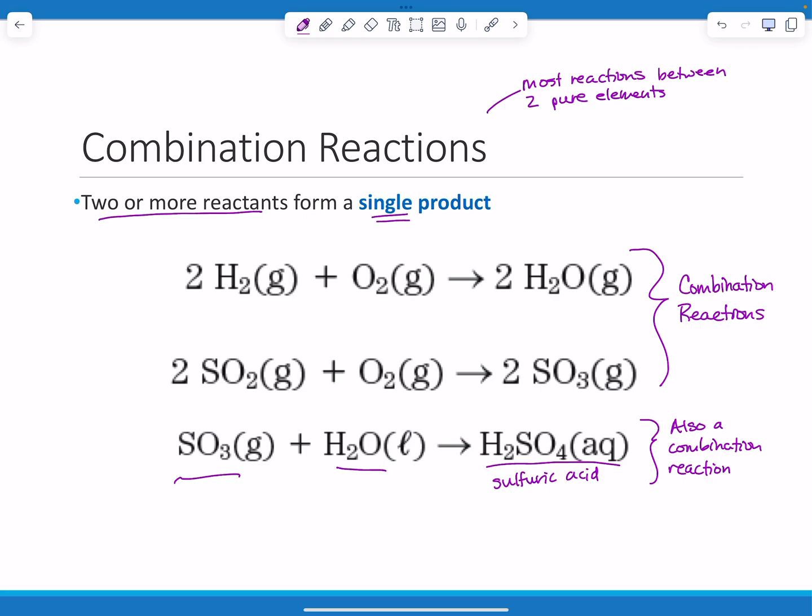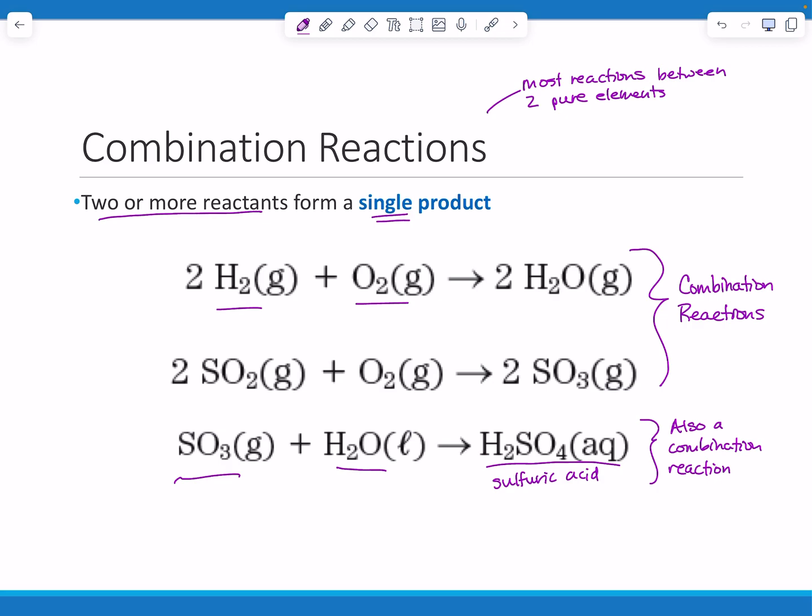Despite the fact that it's H2 and O2, those are pure elements. They only have one type of atom in them. It doesn't matter whether they exist as a diatomic molecule or whether it is a single oxygen atom by itself. It's a pure element.